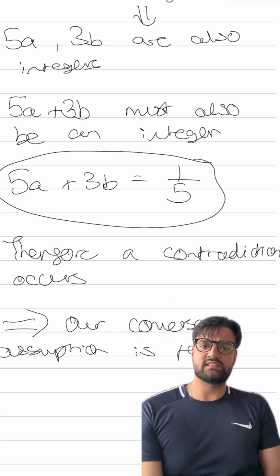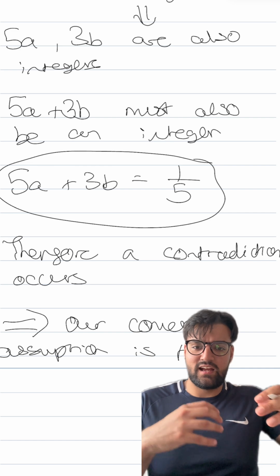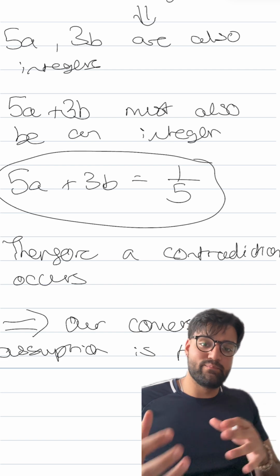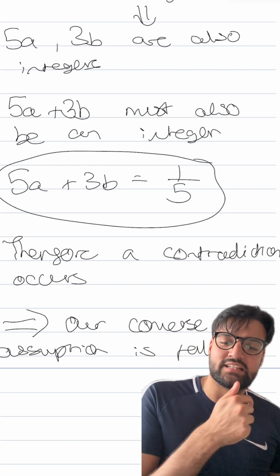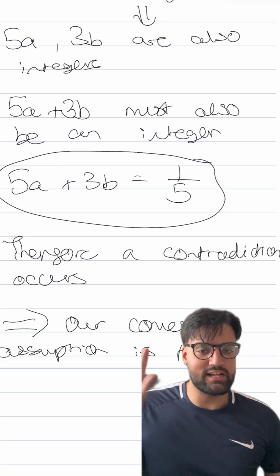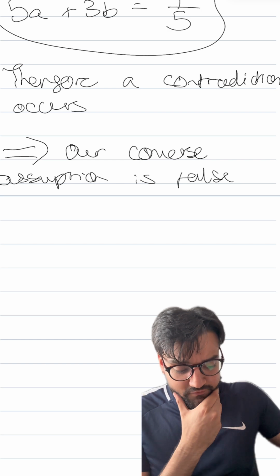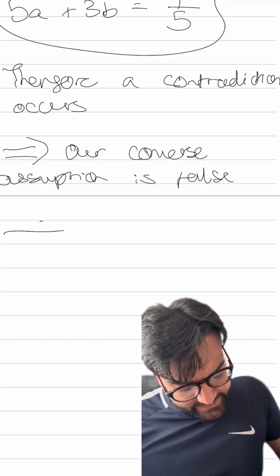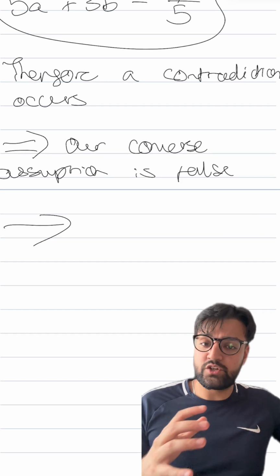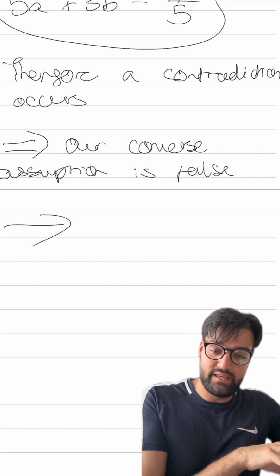Remember, our converse assumption was that there are integers a and b such that 5a plus 3b is a fifth. That was our initial assumption. But we've proven that that can't be true, right? So our converse assumption is false, which means that our initial claim is true. Remember, our assumption was that there are integers a and b.